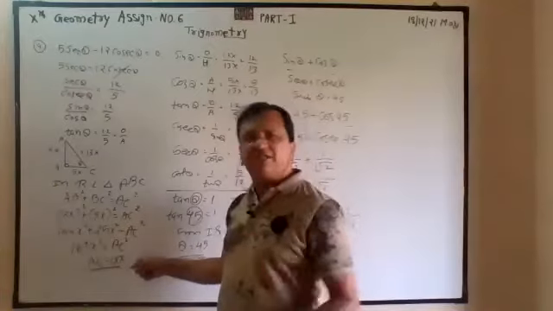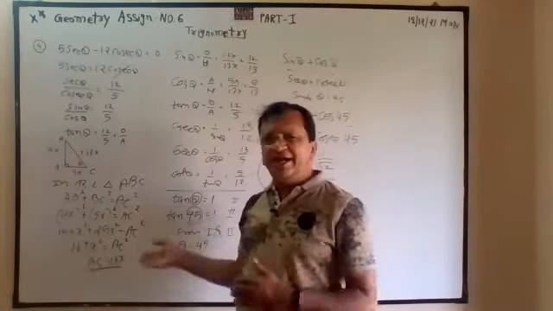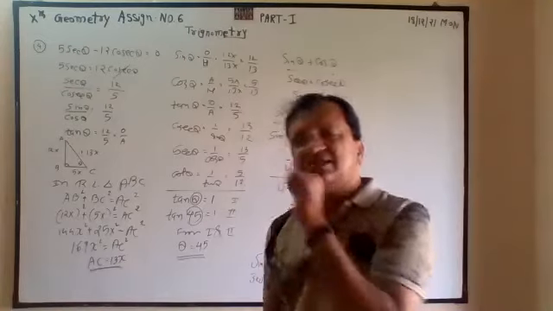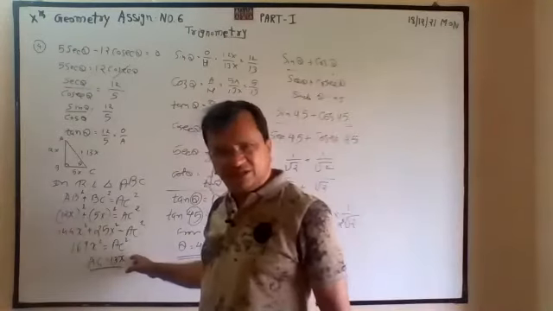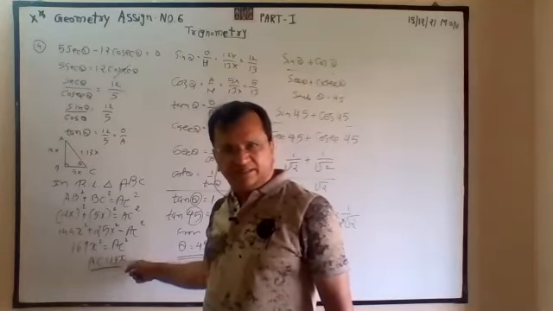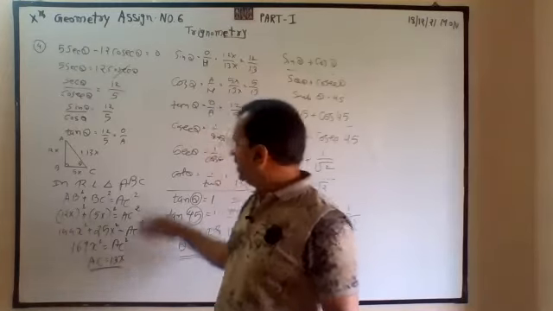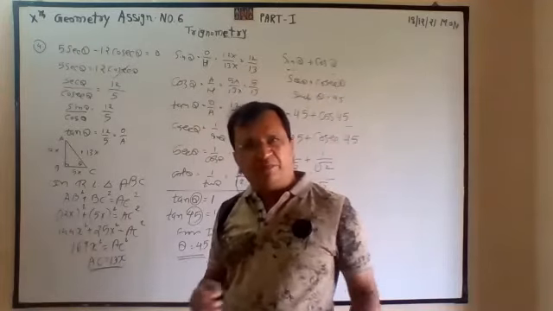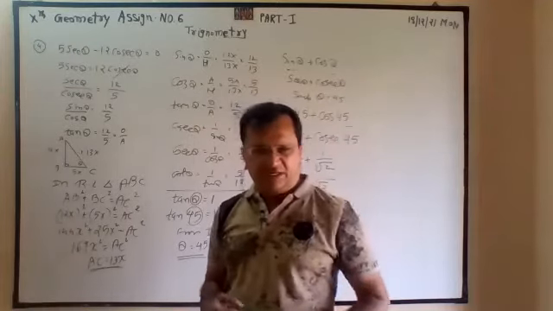By Pythagoras, find the third side. Don't use identities here, because by identities you will get only one answer. But if you do it by the Pythagoras theorem, you will get the third side. So any ratio you can find from the formula: opposite, adjacent, hypotenuse.